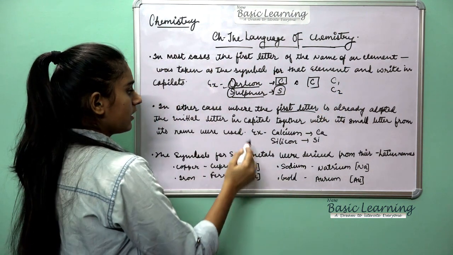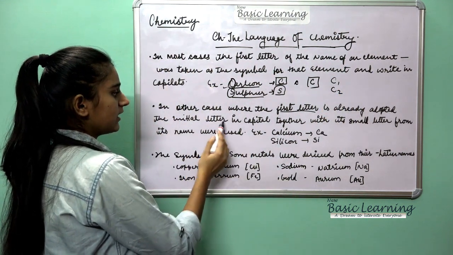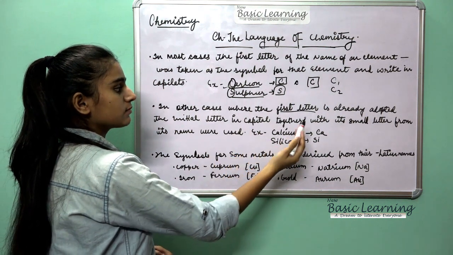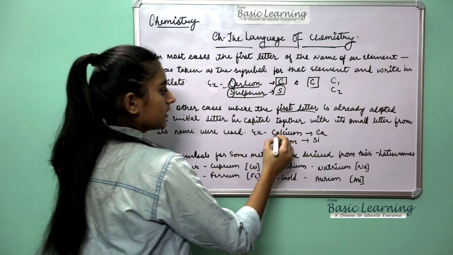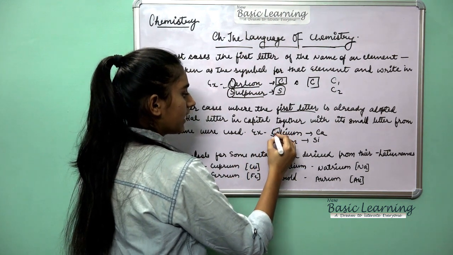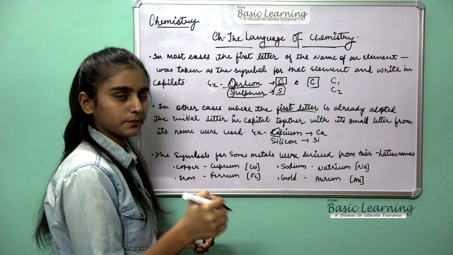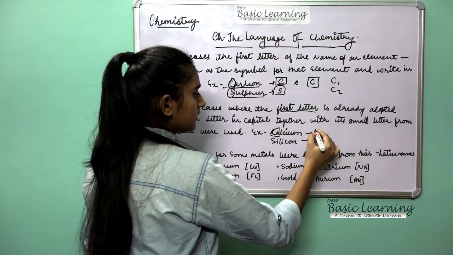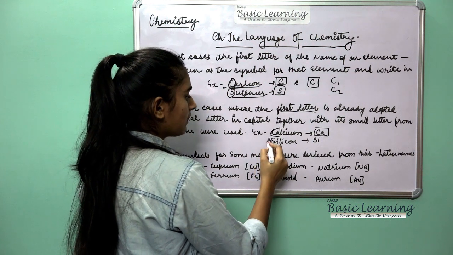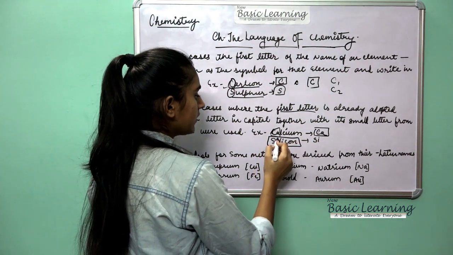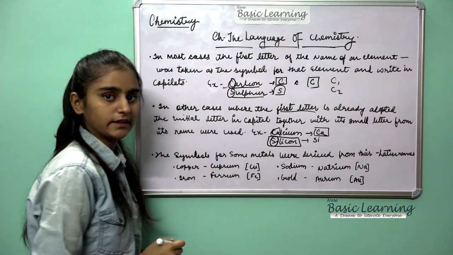So the initial letter in capital together with a small letter from the name was used. It means Ca, together with its small letter a. So the symbol for calcium is Ca. And for silicon, the symbol is Si.